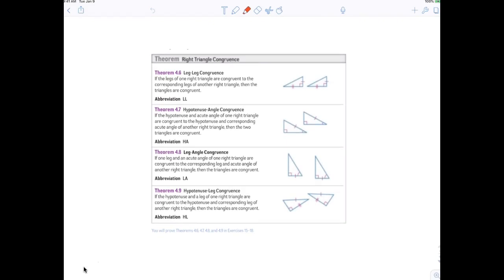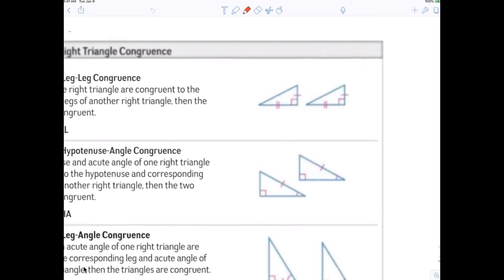We are not going to write down leg-leg congruence. What is leg-leg, really? Side angle side. Brilliant. For those of you paying attention, that is the same as side angle side. We're not writing leg-leg congruence.